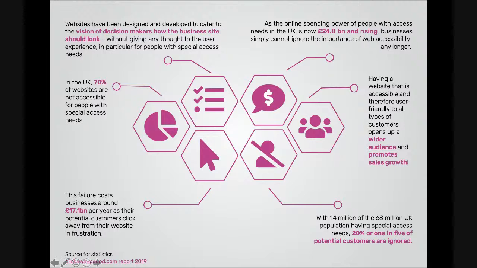And basically 70% of websites in the UK are ignoring this. And this failure has already cost businesses around £17.1 billion per year as their potential customers click away from their website in frustration. So that is potential revenue loss of £17.1 billion.